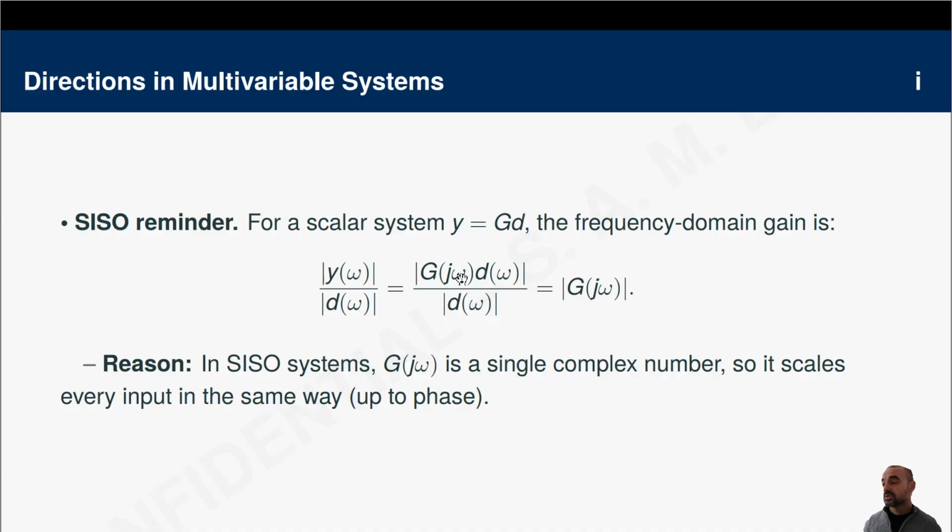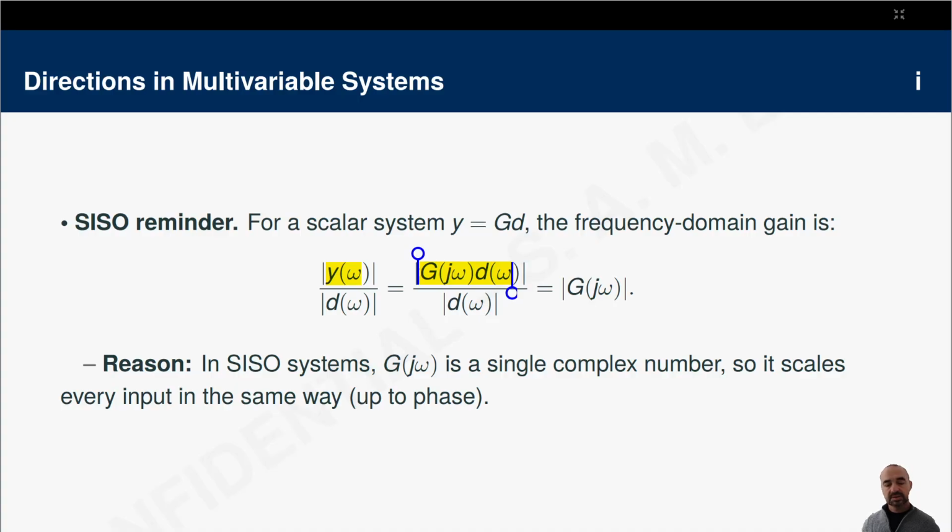We simply replaced the output with the transfer function G(jω) pre-multiplying the input. So we had this one, and then we replaced that with this multiplication. As a result of simplifying this fraction, we've got only the magnitude of G(jω).